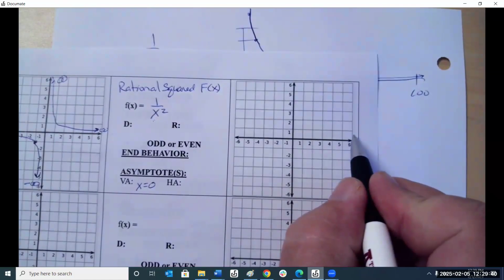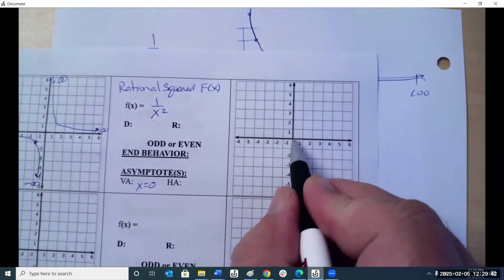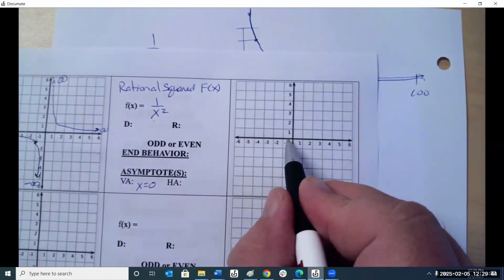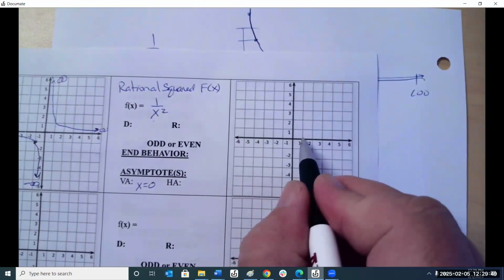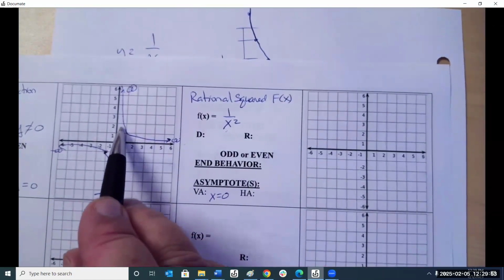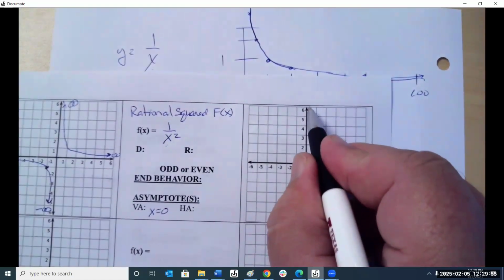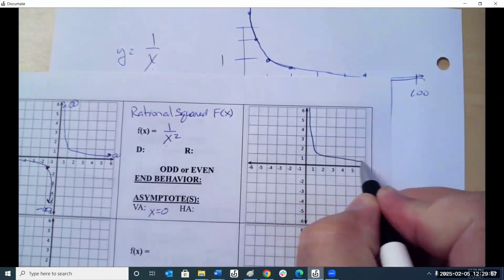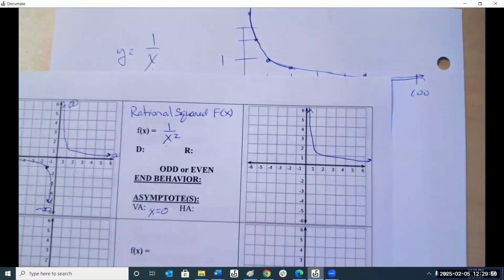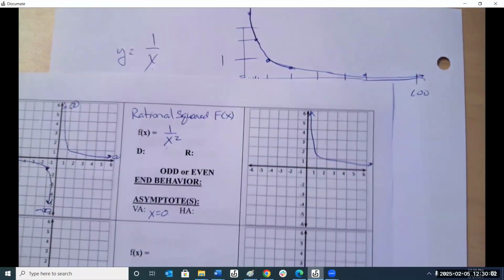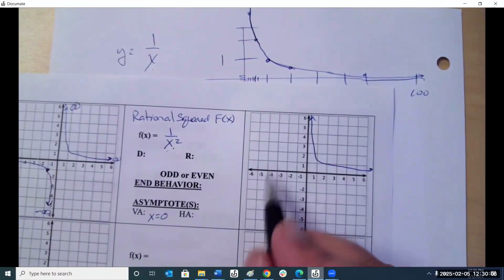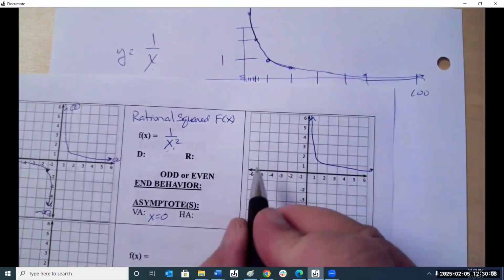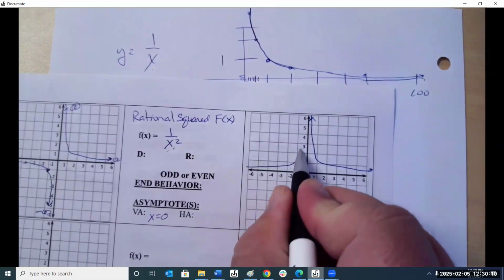What happens as we get closer from the right-hand side to 0? The same as this one. As we get closer to 0, it goes to infinity. So this graph looks like this. On that side, it just goes faster because it's squared. What about from the left-hand side? It'd be in quadrant 2 because it cannot equal 0.